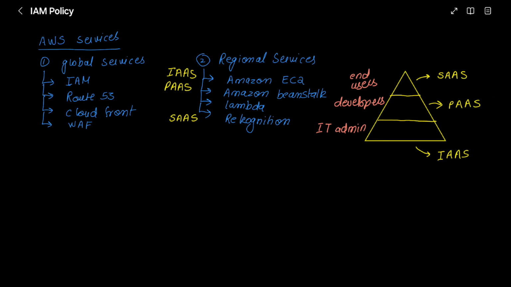And that leaves us with Lambda. What do you think Lambda is? It's not an infrastructure, it's not a platform. It's seemingly somewhere between a software as a service and a platform as a service. It exists somewhere between here. And we can call it function as a service. And that's what it pretty much is.